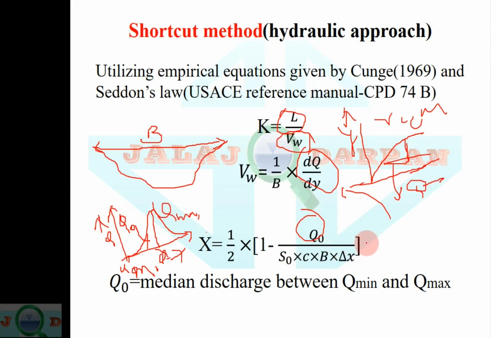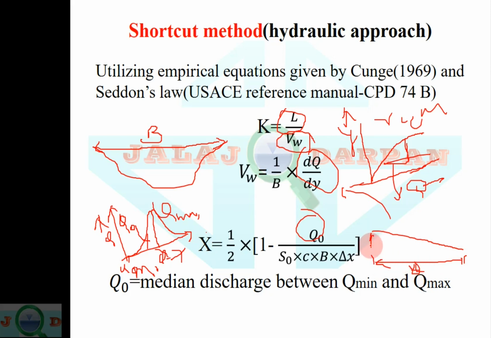So the bed slope is nothing but the average slope of the river reach. This is the slope of the river reach. We know the length from here to here is L, or delta L, I call it.